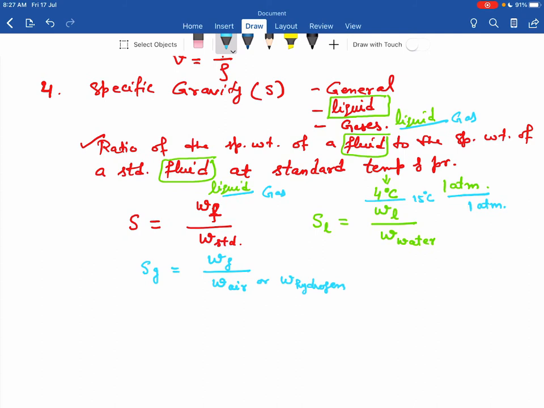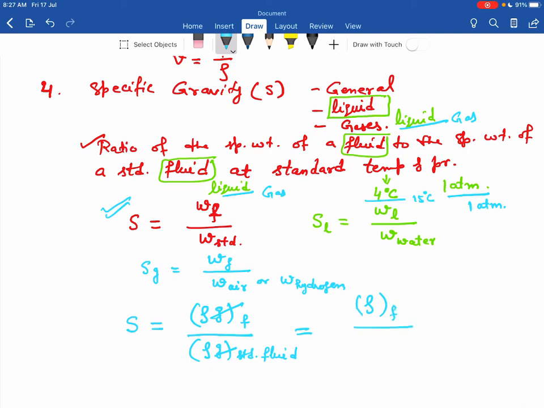Now, specific gravity S you can also write as, if we talk about the general term, that is equal to specific weight of fluid, which we can write as rho into g of fluid, divided by specific weight of water or standard fluid, which we can write as rho into g of standard fluid. Now g is constant, so this becomes rho for fluid divided by rho for standard fluid.